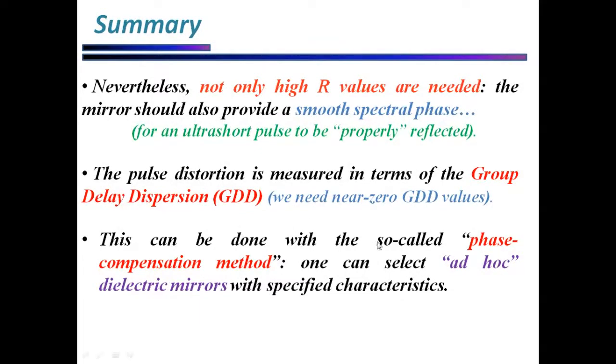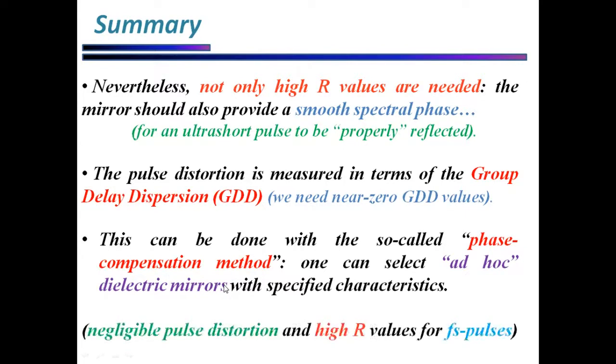This can be done with the so-called phase optimization method, where we can select ad hoc, as we want, dielectric mirrors with specified characteristics, where we want negligible pulse distortion and high R values for femtosecond pulses. And thank you for your attention.